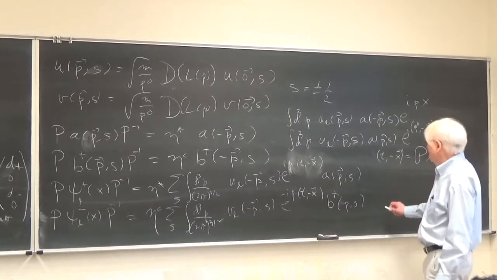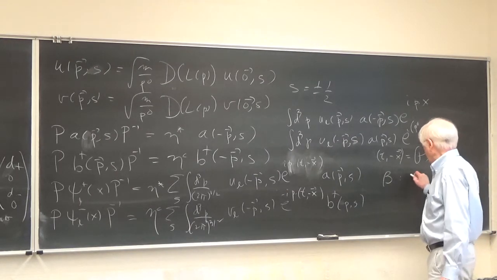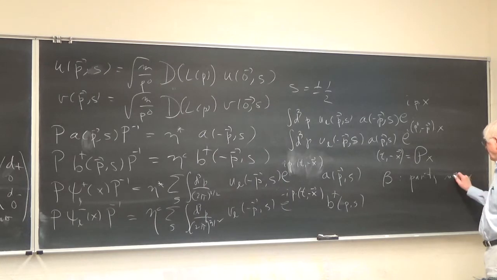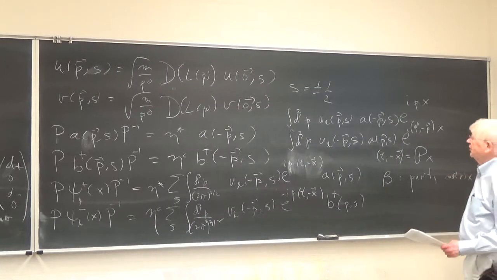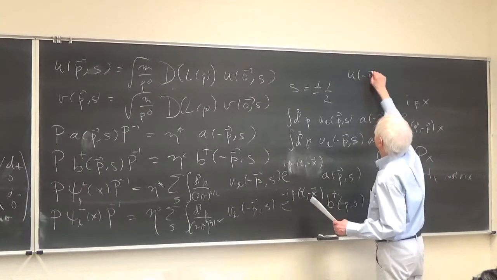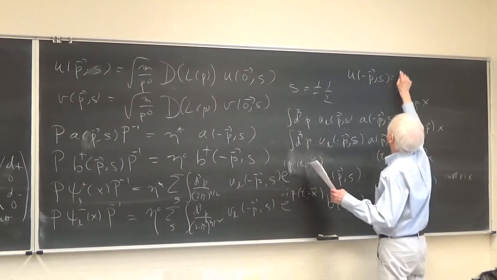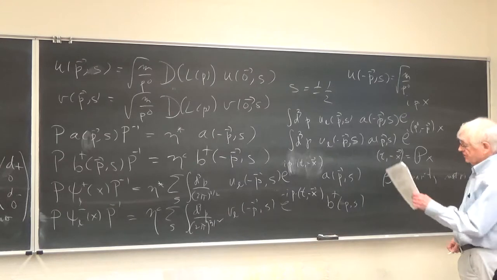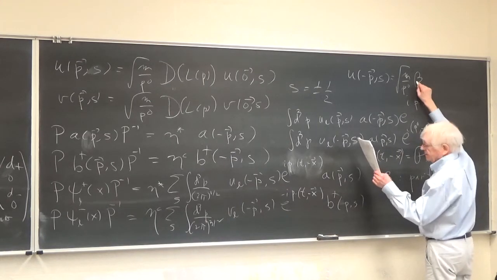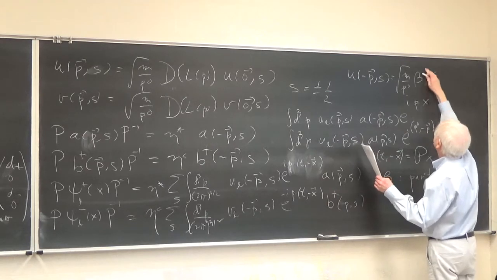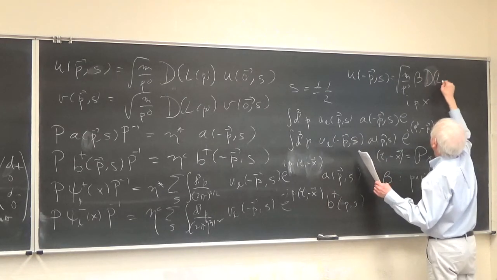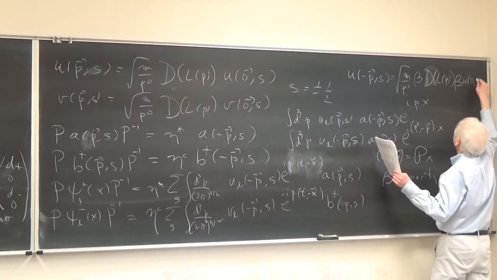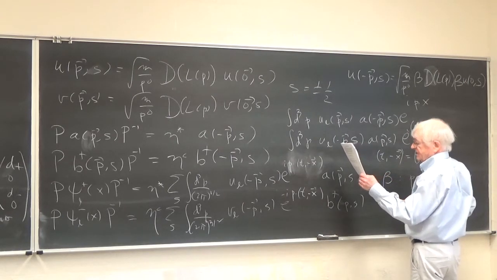Remember, beta is essentially the parity matrix, and we learned that u of minus p and s was square root of m over p0, beta D of L of p, beta u of 0 and s, and the same thing for v.